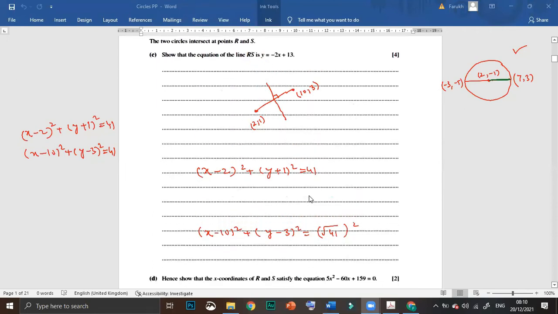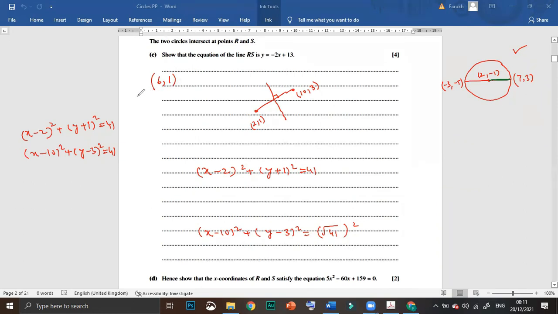The midpoint is: 2 plus 10 is 12, divided by 2 is 6. -1 plus 3 is 2, divided by 2 is 1. This one is the midpoint.